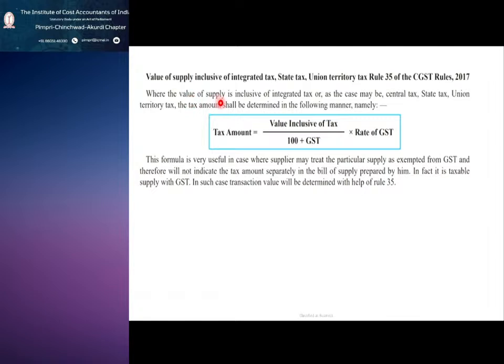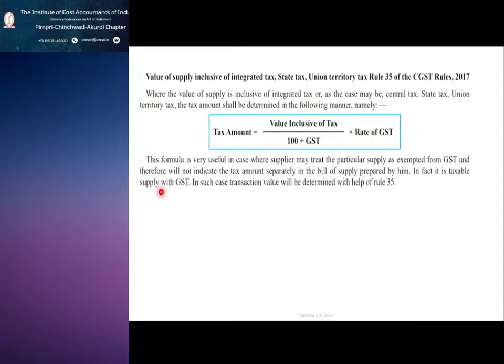The value of supply is inclusive of tax. So you know it, if the material cost is including GST, how you will bifurcate what is the basic, what is the GST. Where the value of supply is inclusive of integrated tax or the CGST, SGST, it is useful in case a supplier may treat a particular supply as exempted from GST and therefore will not indicate the tax amount in the bill of supply.